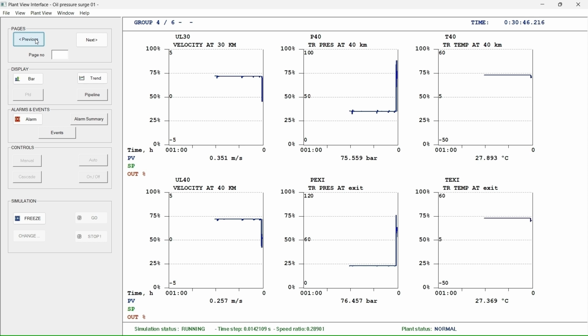The velocity and pressure graphs are shown as compressed since the trend time interval is set to 1 hour, but, being registered with a frequency of 1 second, the user will be able to plot the waves with fine detail.